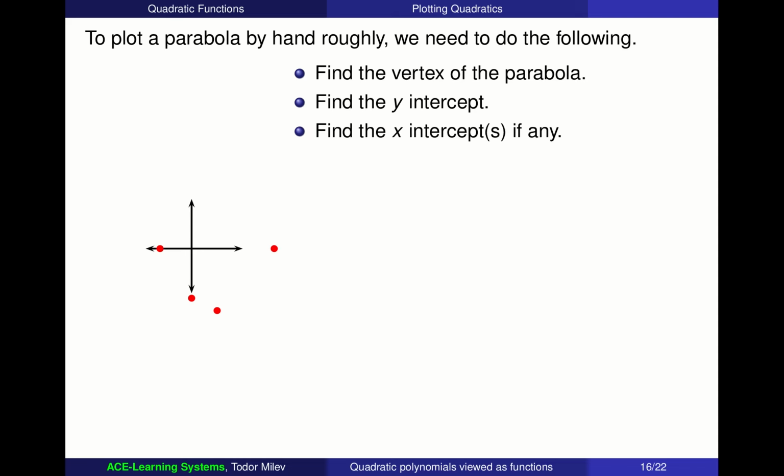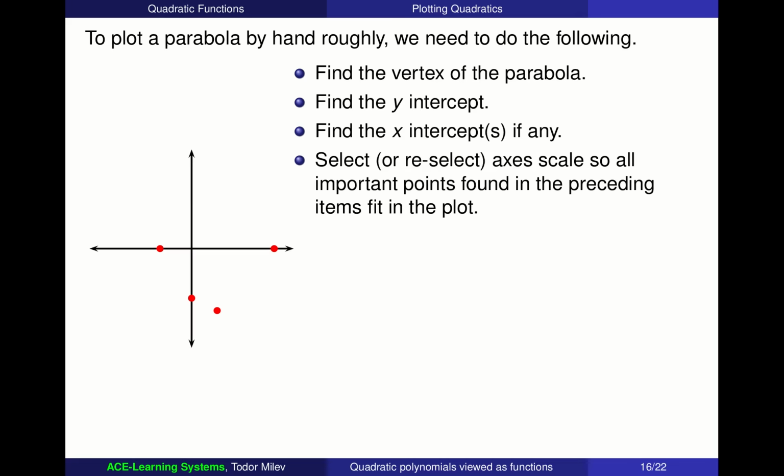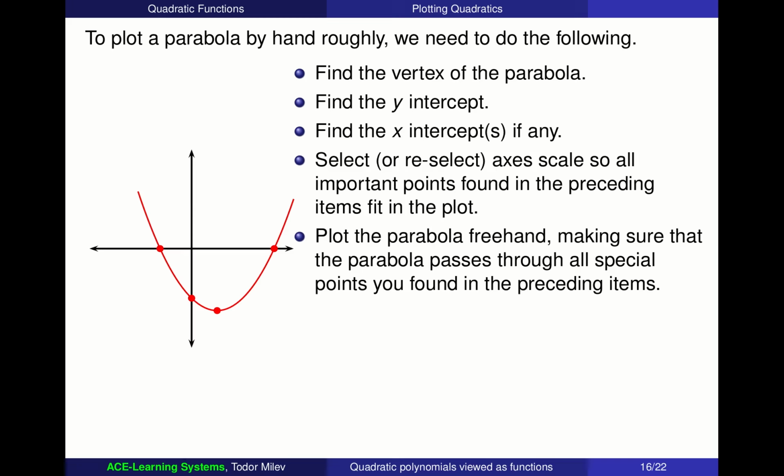Next we find the x-intercepts, if any. Next, we adjust the size of the axis to fit the whole picture. And finally, we plot the parabola freehand by simply connecting the dots.